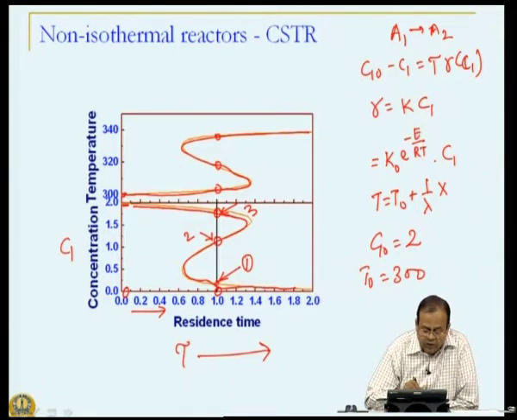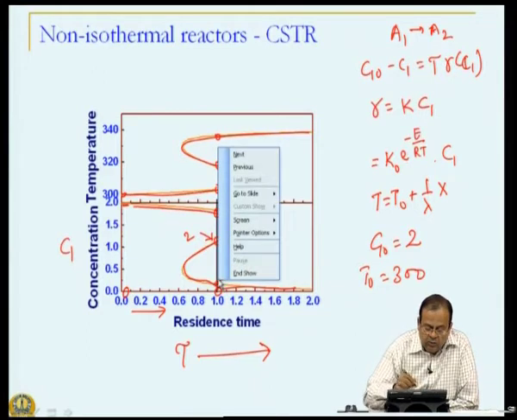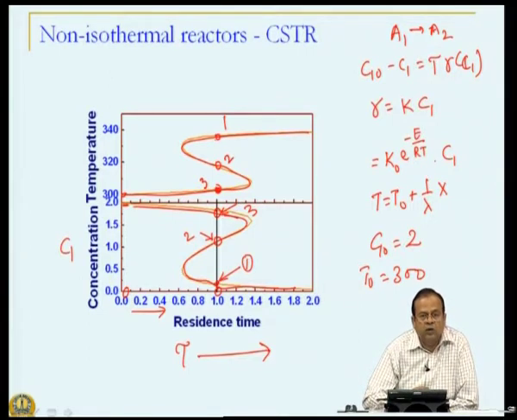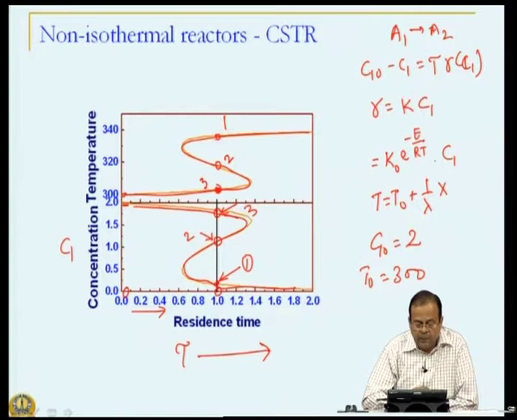So, a lot of reaction has taken place. The similar behavior can be seen in the case of temperature also. So, concentration difference is very high at number 1, that means conversion is very high. So, temperature is also significantly different than the inlet temperature.